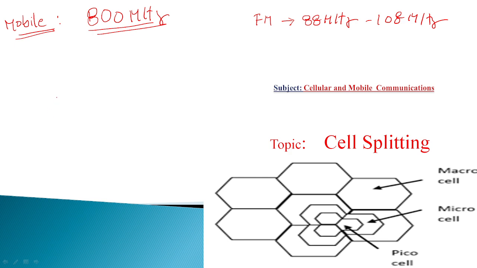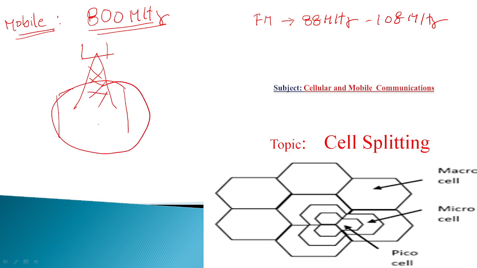Here you can see one cell site. I am assuming this is the original cell site and this is the coverage area. Assume the coverage area is 1 kilometer, and the number of users is 500.